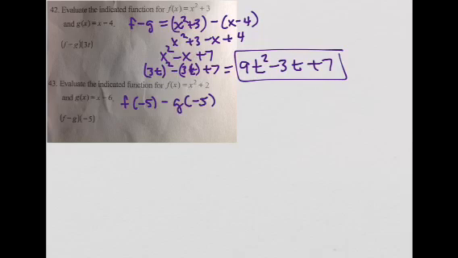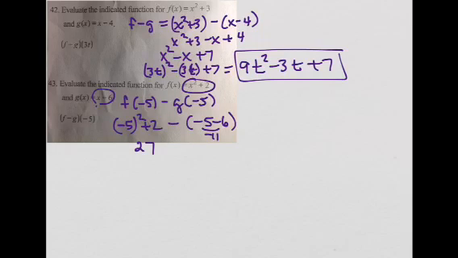So f of negative 5 would be negative 5 squared plus 2, and I get that from this, minus g of negative 5, which is negative 5 minus 6, and I get that from here. So that's 25 plus 2, so that's 27. This is negative 11, but there's a negative in front, so it becomes plus 11. So that's 38.